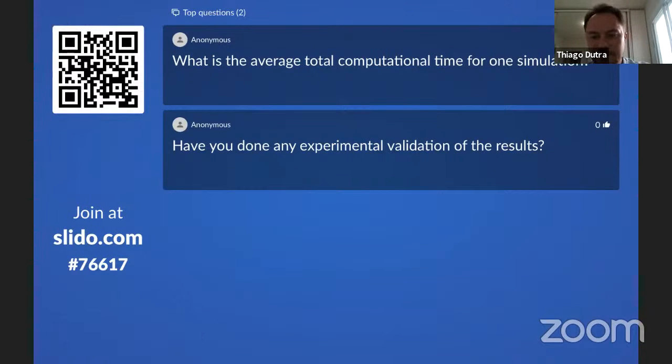Have you done an experimental validation of the results? Unfortunately, we haven't done any experimental validation so far. We have the test panel ready, but this would require either some visualization method to see what is actually happening in the muffler through some sight inside the compressor.